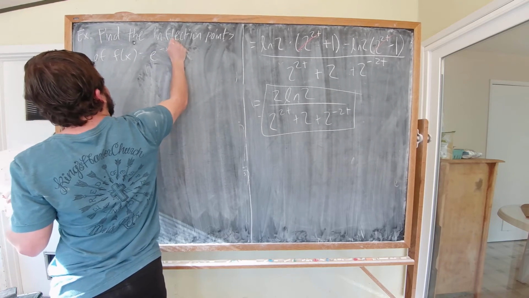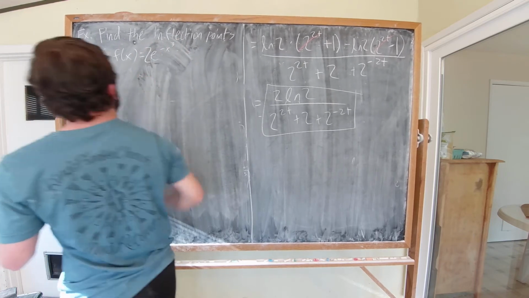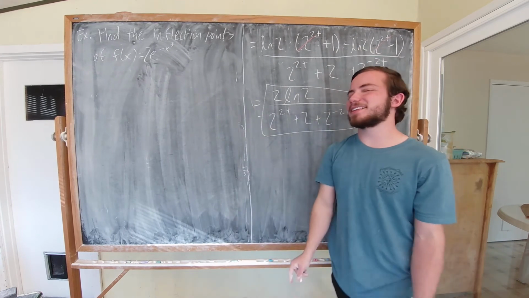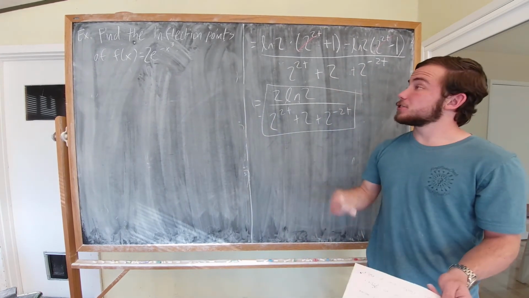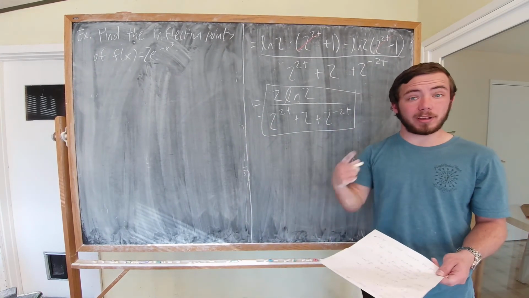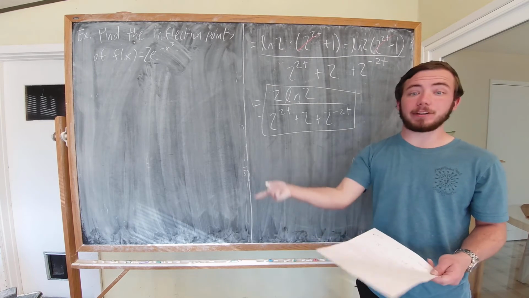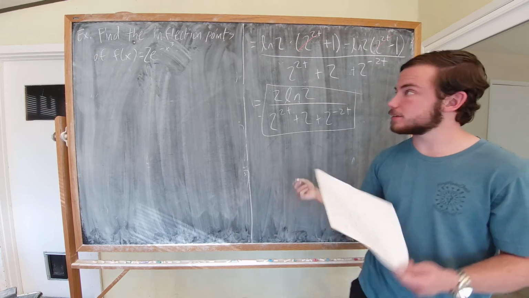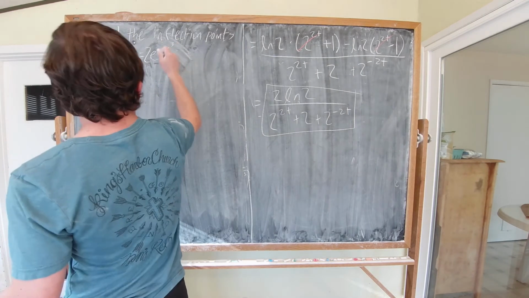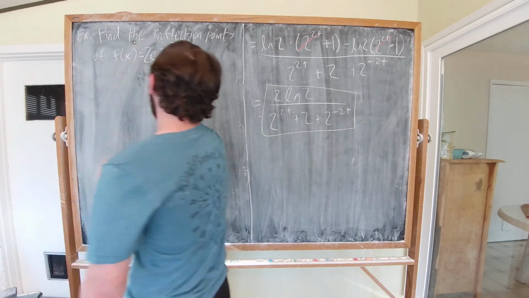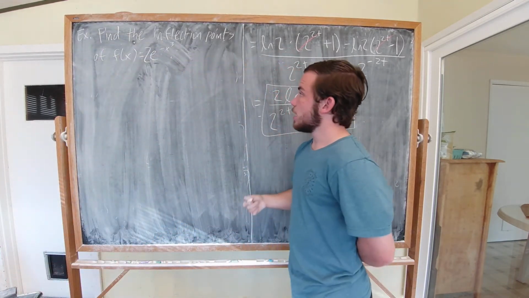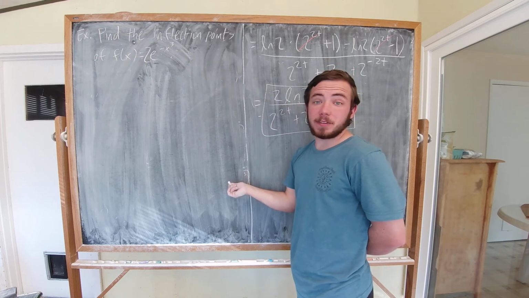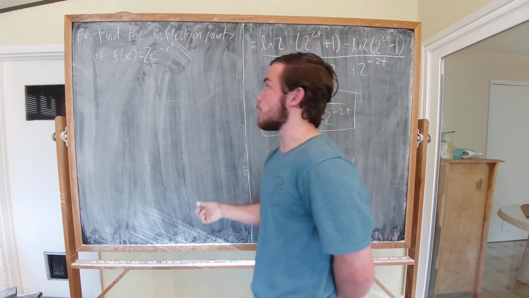You know what? For the sake of it, let's make it 2 times e to the negative x cubed. Getting spicy here. Alright, so let's remember, an inflection point is a point where the second derivative changes sign. Concavity changes sign. It's equivalent to the second derivative. Okay, so let's find that second derivative and see where it changes sign.